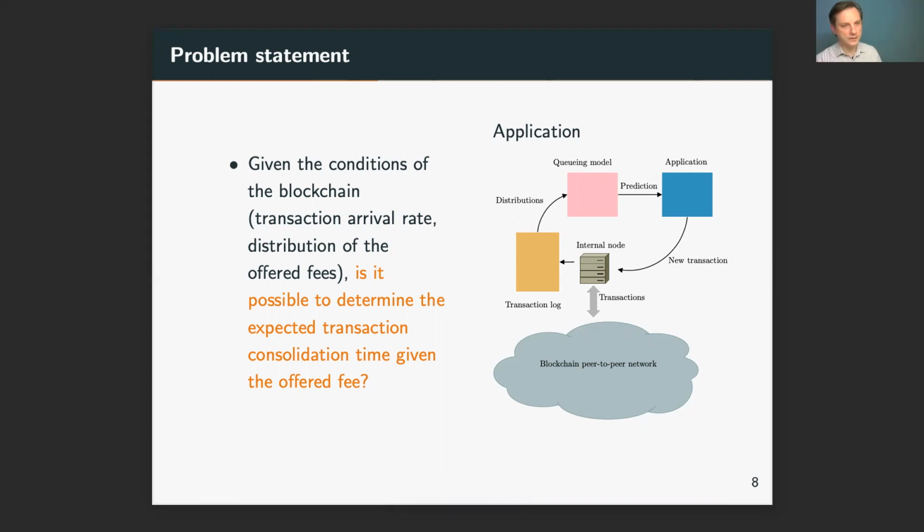So based on the timing needs that you have for storing the transaction, you can offer the appropriate fee. And so you don't waste money in the process of storing data in the blockchain.